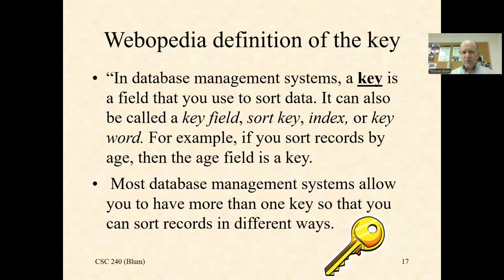It's possible, if I have a large enough set of people in my company, that two of them might have the same first name and last name. So I will need some property to identify which John Smith I mean. So I will give all my employees an employee ID, and that will uniquely identify them. So that's one sense of the word key, and I will use that to identify them.